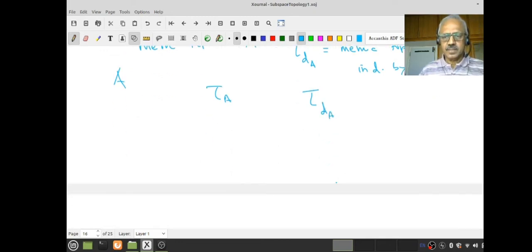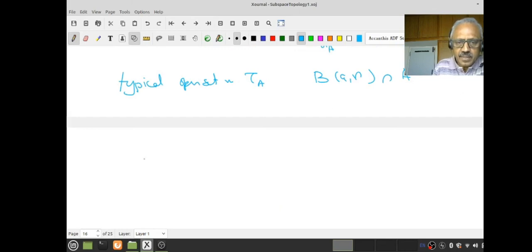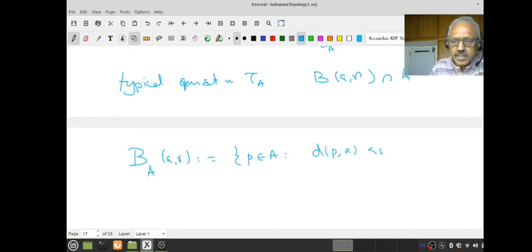Now what we found out is that a typical open set in tau A is of the form B(a,r) intersection with A. But now let's look at B_A(a,r). This is the set of all p in A such that the distance between p and a is less than r.